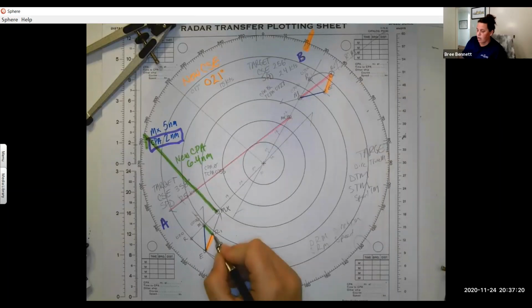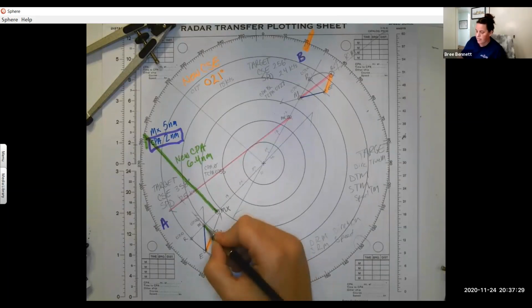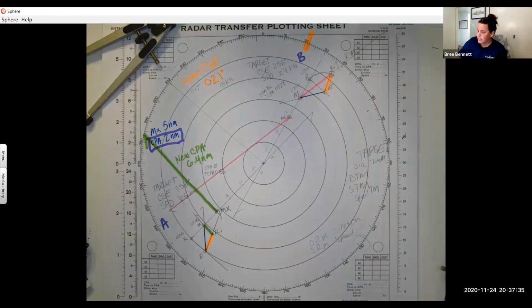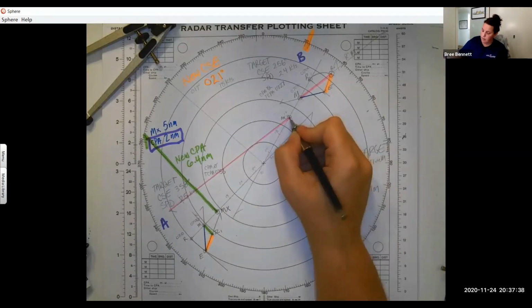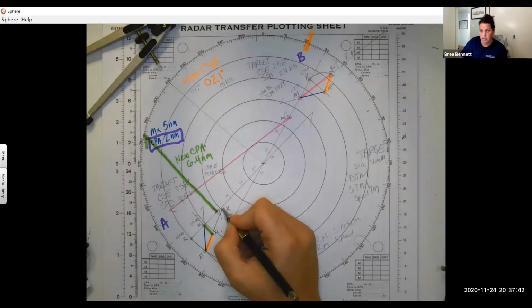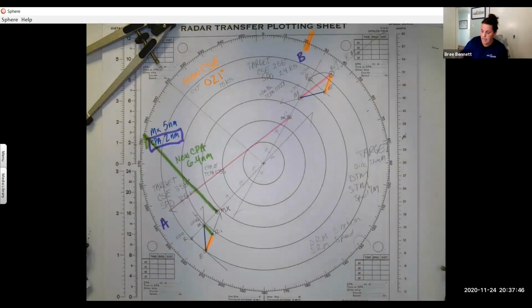We're seeing what our R prime to M is on the other CPA. So we get our R prime to M, and then we need to move it to MX, but we don't know where MX is. So we use time. When was this MX? And then I'm going to put that on my new relative motion line. Then I create my new relative motion line, and I can get what my new CPA will be, perpendicular to the new CPA line.